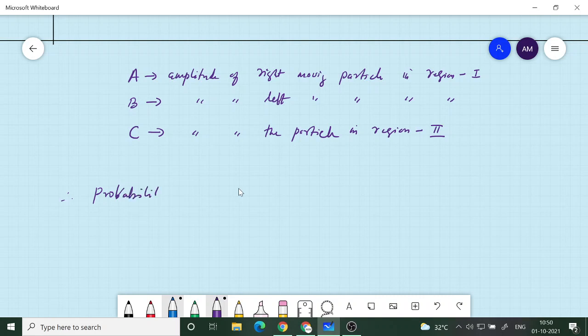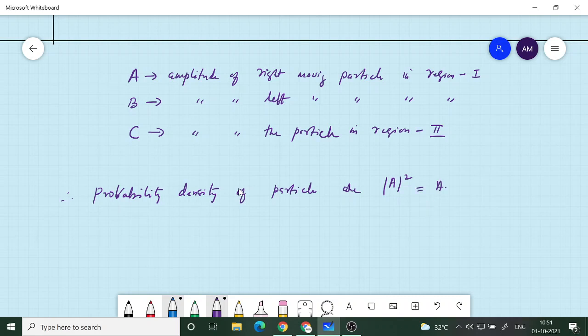So therefore, the corresponding probability density of the particle will be the modulus square of each, right? So the probability density of the right moving particle is modulus a square, of the left moving particle is modulus b square, and of the particle in region 2 is modulus c square. Okay, so what is modulus a square?